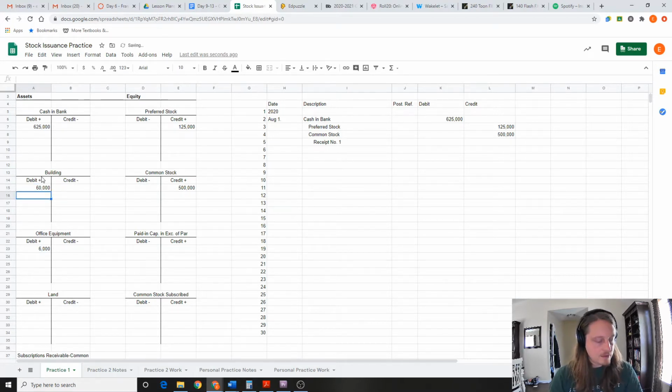And then they also gave us some land that was worth $30,000. So we're going to put $30,000 in the debit column for land. Now altogether that was $96,000. So we're going to give them some common stock. $96,000 in common stock was given, and we got $96,000 in value of equipment and things.